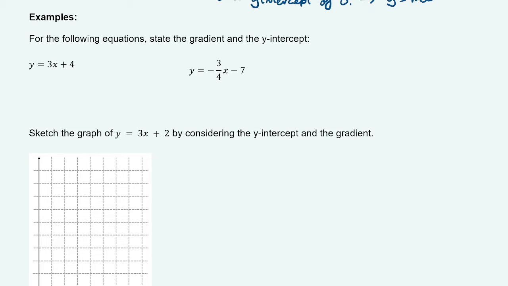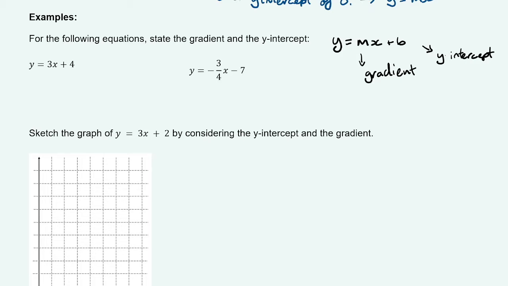We know where they sit because we have y equals mx plus b as our equation. Whatever is in the m part of the equation is going to be the gradient, and the b part is going to be our y-intercept.